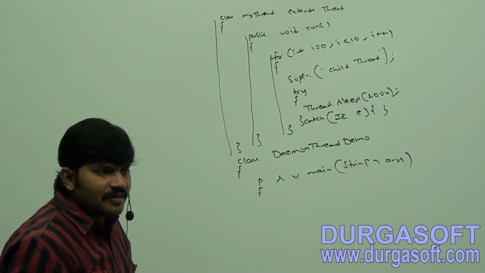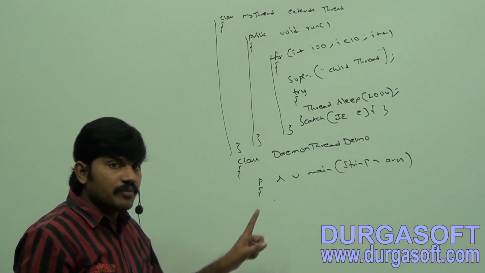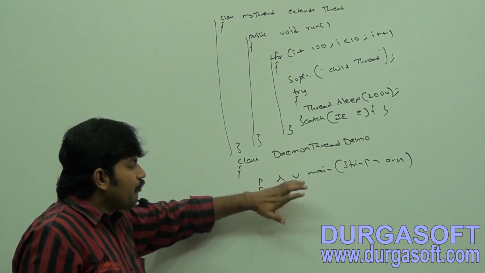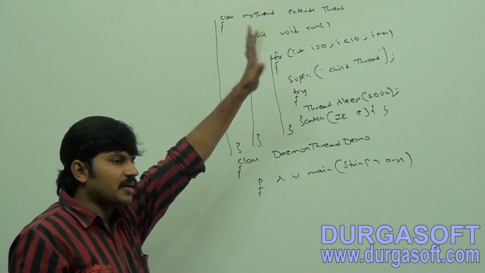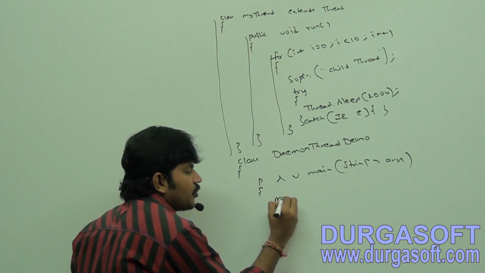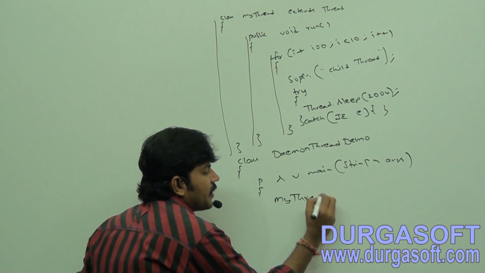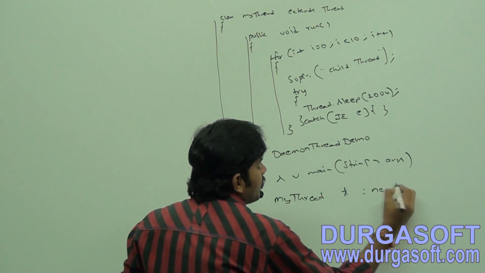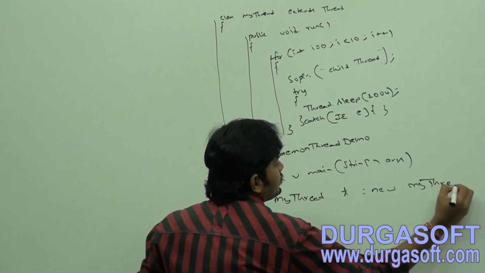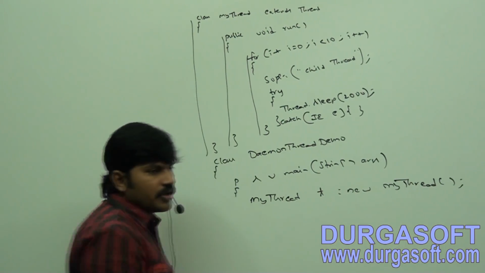Here how many threads are there? One thread, the main thread. The main thread creates a child thread and starts it: MyThread t = new MyThread().